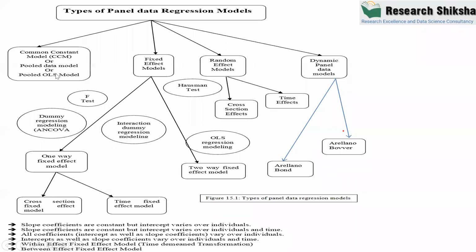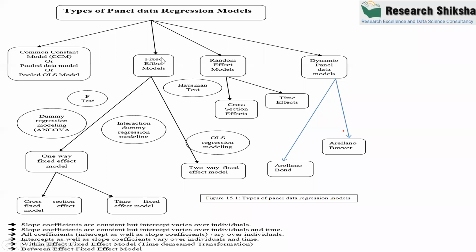How to run the pooled OLS model, or common constant model, pooled data model. This is the basic type of modeling which we can do with panel data. After that, we will go for the fixed effect model. In the fixed effect model, we assume that the cross sections are heterogeneous and fixed effects are there.